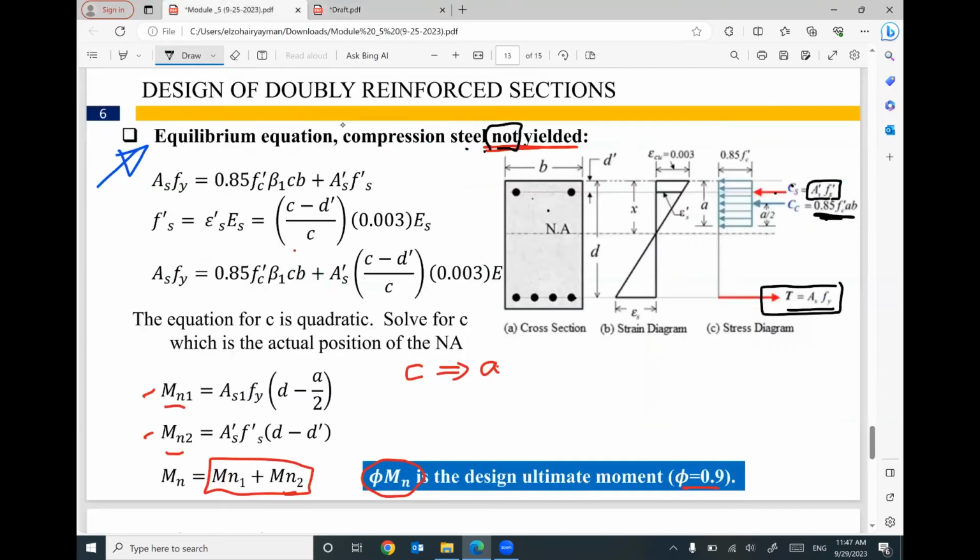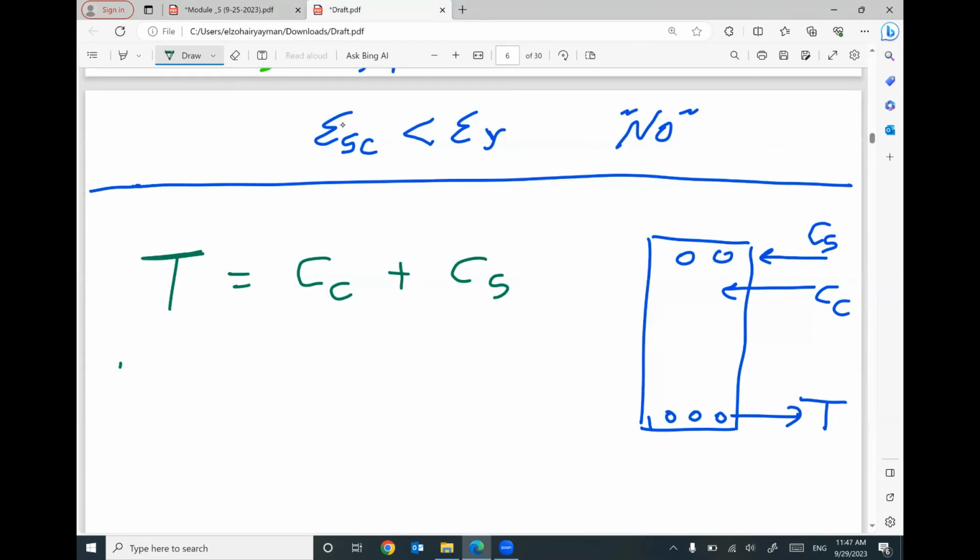This is the meaning of the first equation, capital T equals capital C in concrete plus capital C in steel reinforcement. This is the main idea. This one equals area of steel in tension times F yield, because the steel reinforcement in tension is yielded 100%, I'm sure.